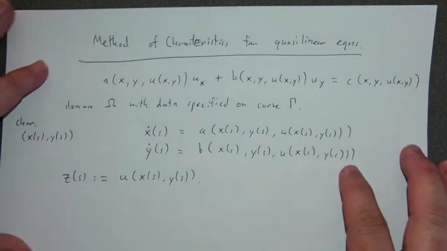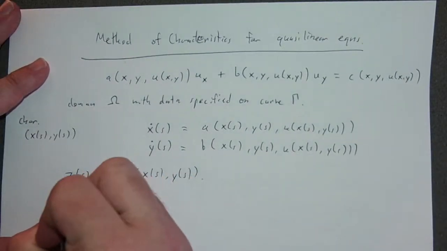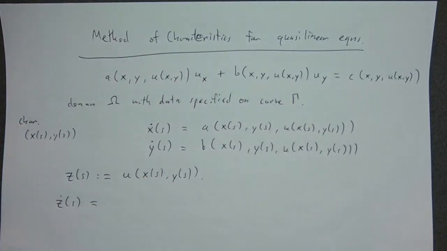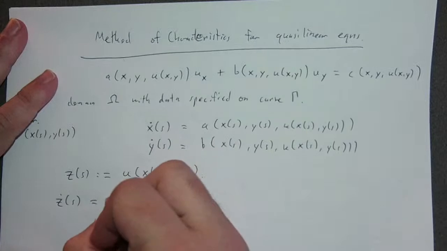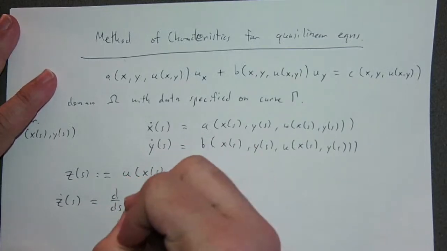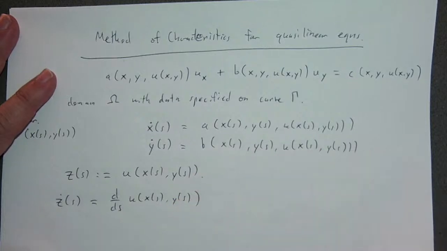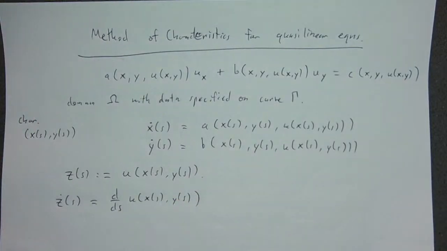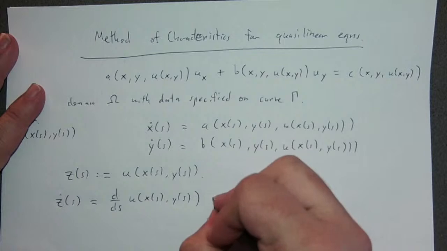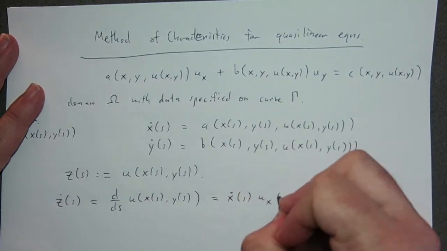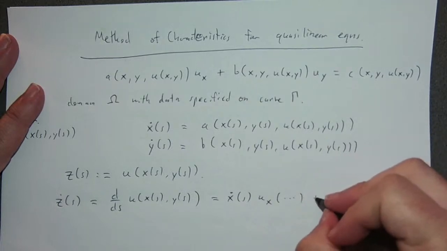Then, in this way, our third characteristic equation is, of course, this derivative with respect to s of u(x(s), y(s)). I'm going to use the dot notation to let myself not go totally insane here. So this is x dot times u sub x with the stuff plugged in, right?